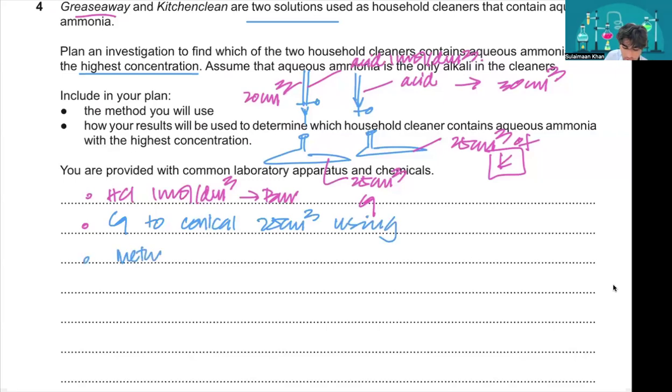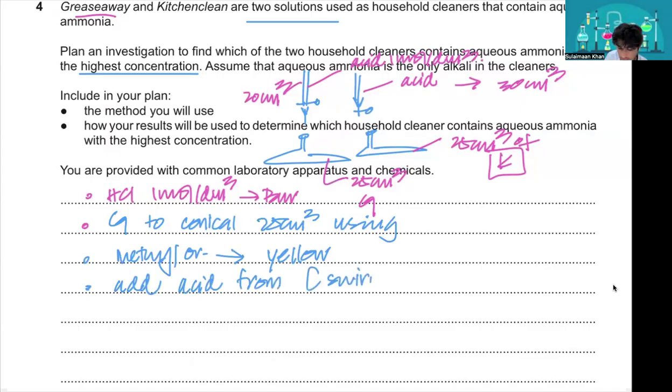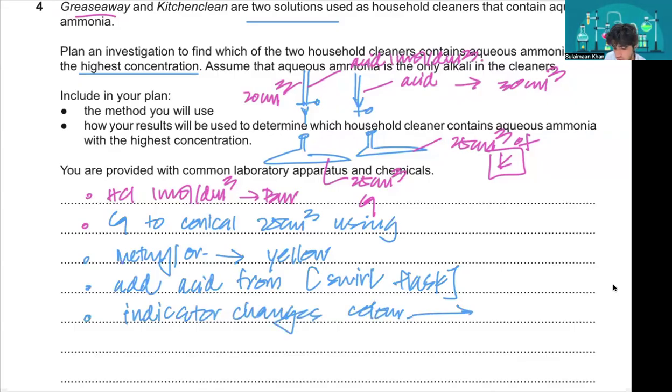Add methyl orange. The color is obviously going to be yellow. Then you start the burette, add acid from the burette, swirl the flask. You've done all of the experiments. Swirl the flask, and the end point is when the indicator changes color. You stop the experiment and record the volume of neutralization.